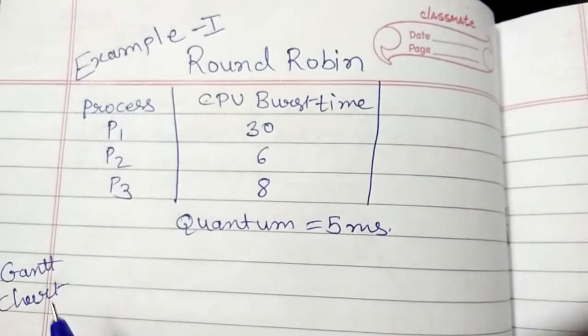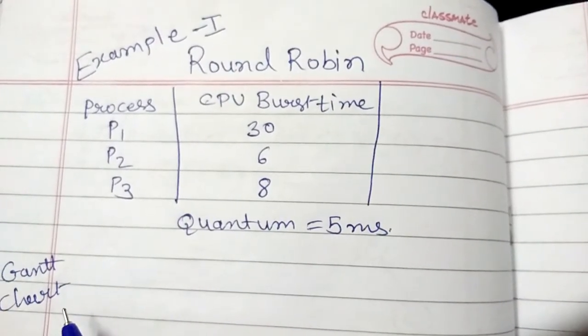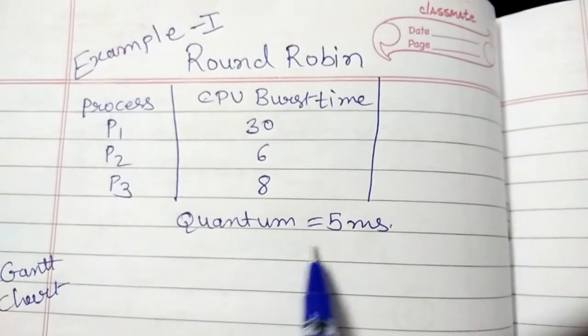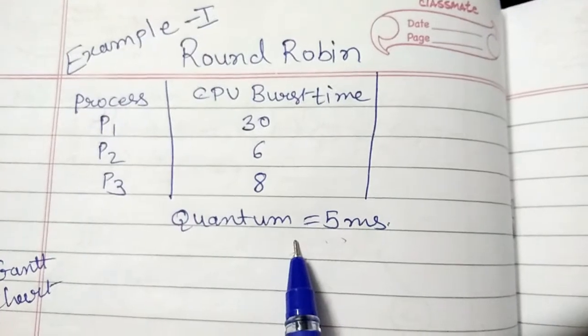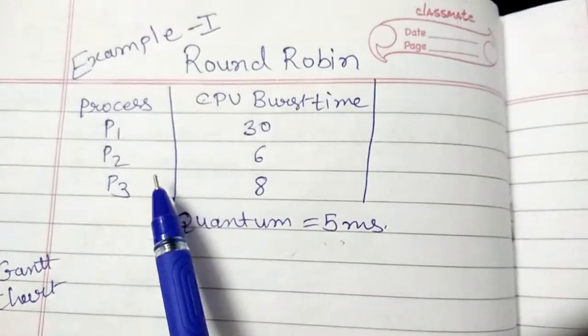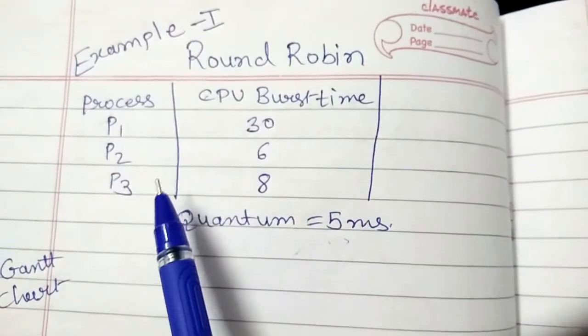And if the process fails to complete its execution within the given quantum, then the CPU will stop its execution and allow that quantum to the next process.